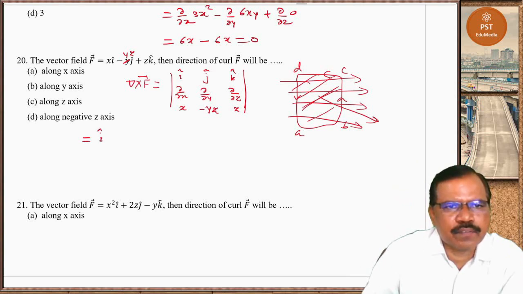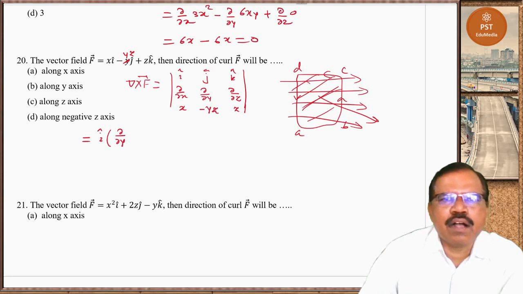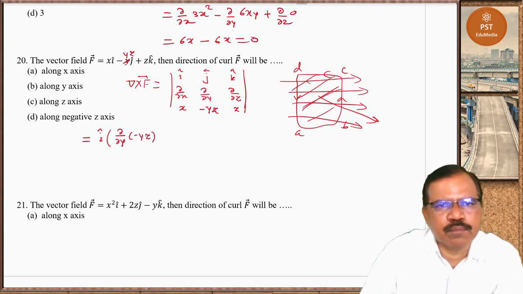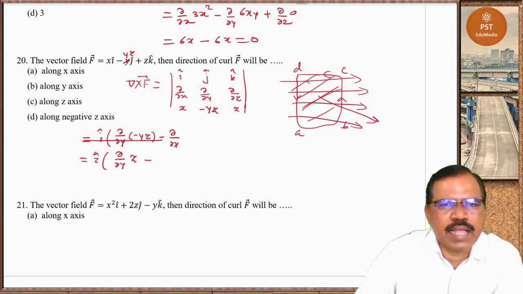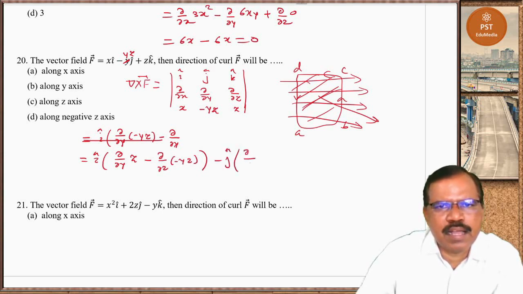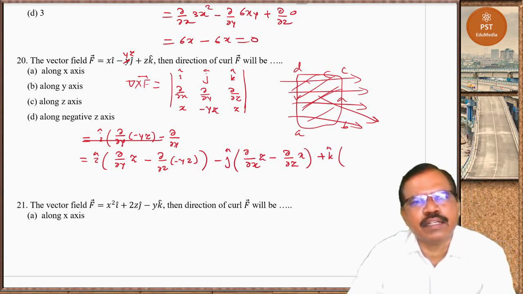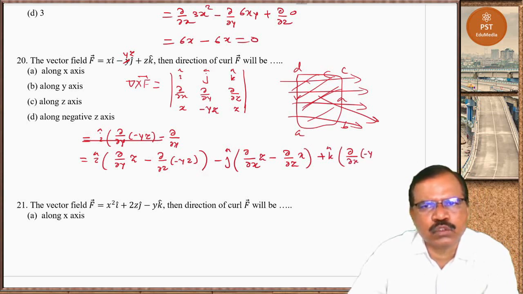So you will get here i, partial with respect to y of z minus partial with respect to z of minus yz, minus j, partial with respect to x of z minus partial with respect to z of x, plus k, partial with respect to x of minus yz minus partial with respect to y of x.